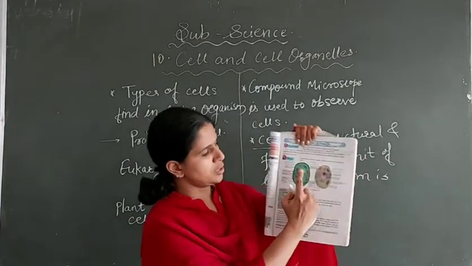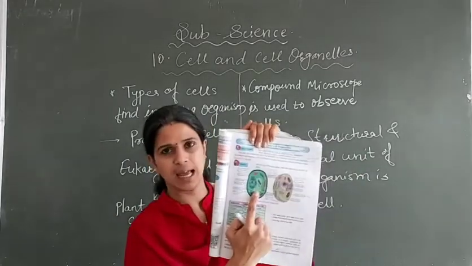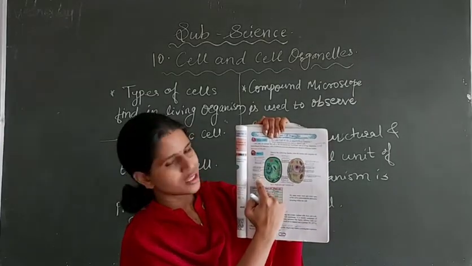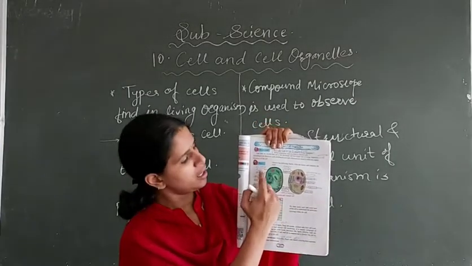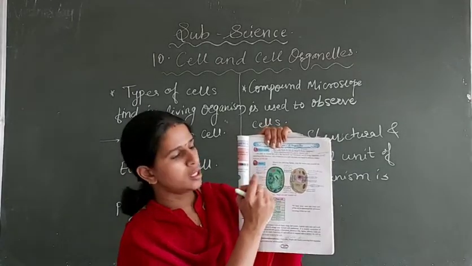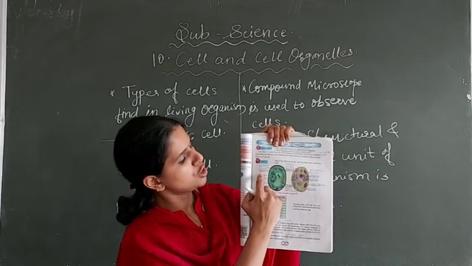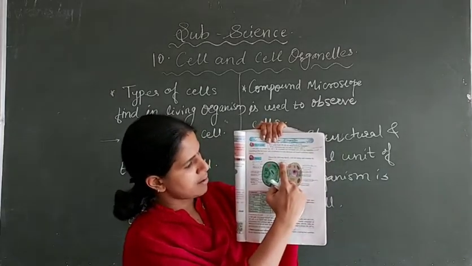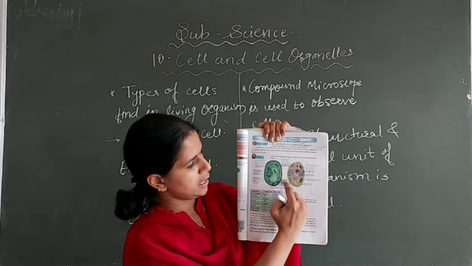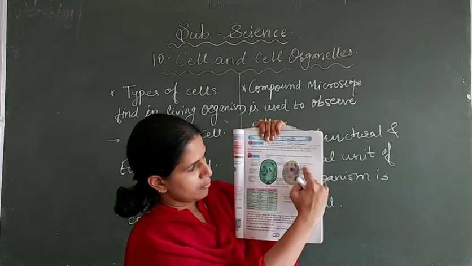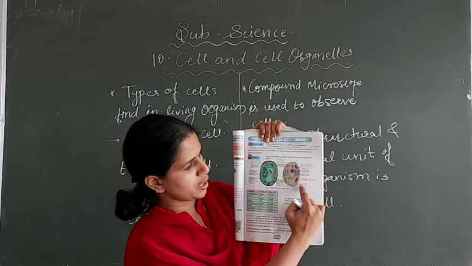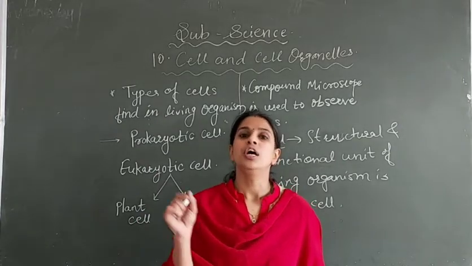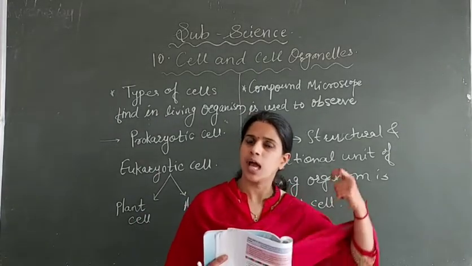I am showing you, this is the plant cell and this one is the animal cell. Here you have the boxes that you have to fill. Now you can write the numbers 1, 2, 3, 4, 5, 6, 7, 8, 9, 10, 11, 12, 13, 14 and 15. That is a total of 15 names you have to write down. I am giving you the answer.